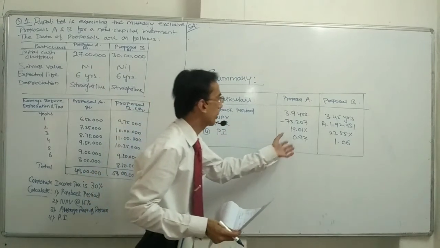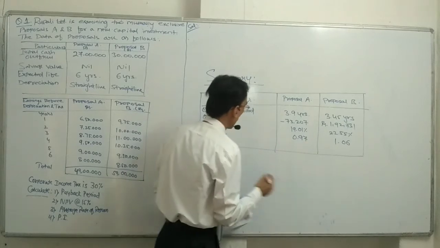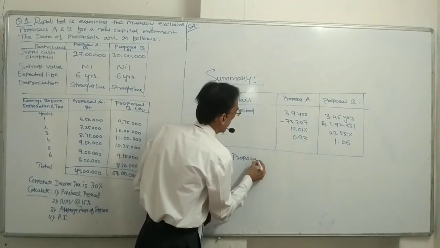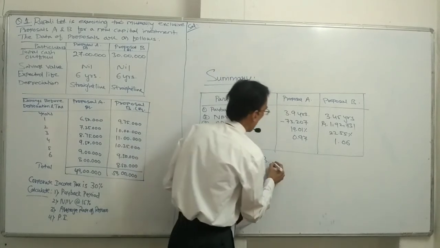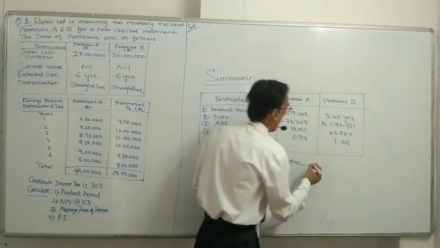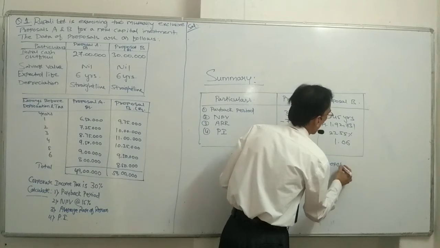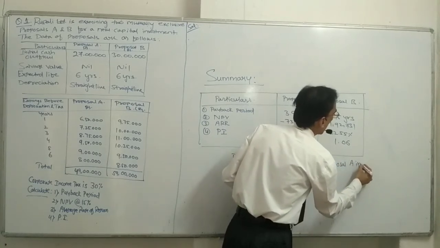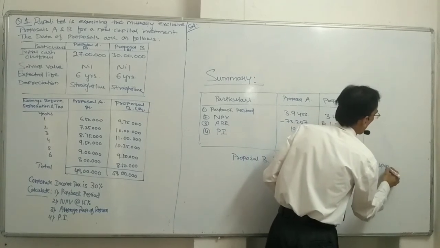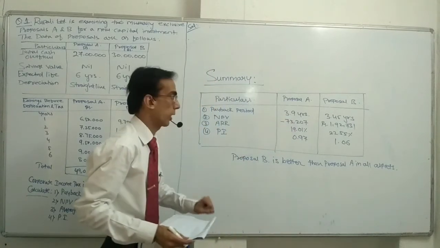Now we will compare project A with project B. In comparison, we conclude that proposal B is better than proposal A in all aspects. Hence, proposal B is selected for project.